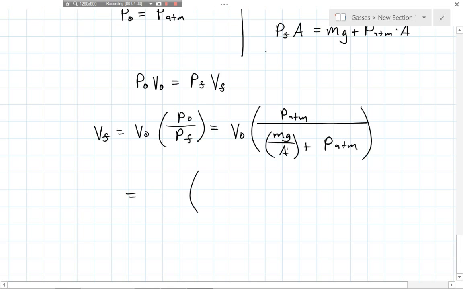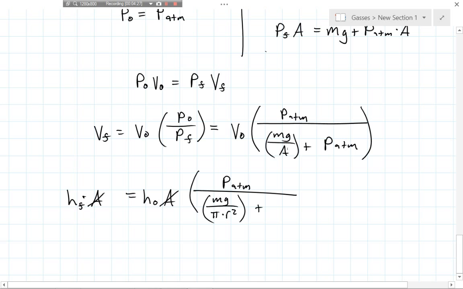The final volume, if we think about this, is equal to the height of the container times the area of the lid, and the initial volume is equal to the initial height of the container times the area of the lid. So these areas will cancel. Here we have the atmospheric pressure divided by mg divided by pi r squared, where r is the radius of the lid that was given to us, plus atmospheric pressure.